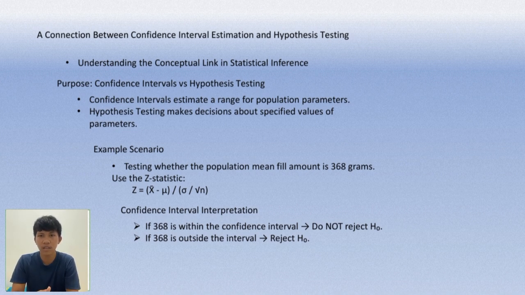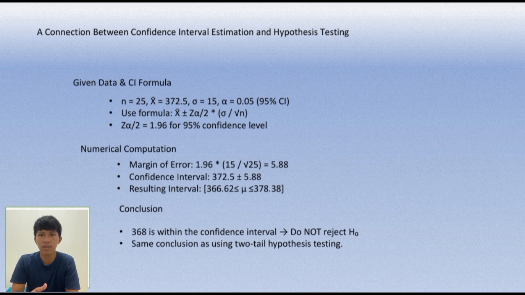So, next is example data of confidence interval calculation. So, given data: sample size equals 25, sample mean equals 372.5, population standard deviation equals 15, significance level equals 0.05 or 95% confidence interval.